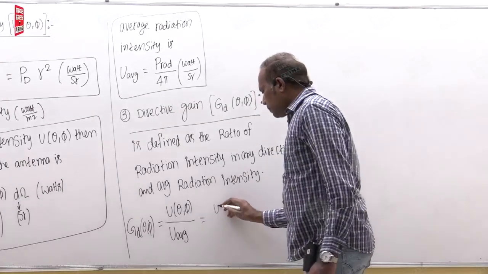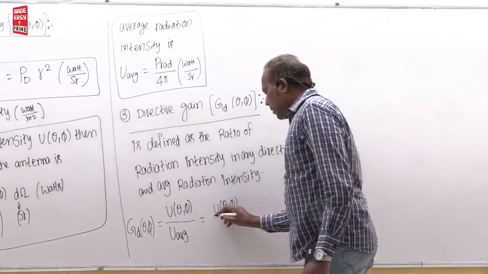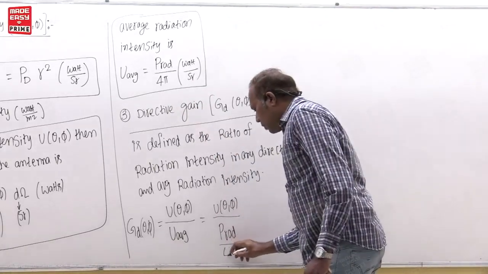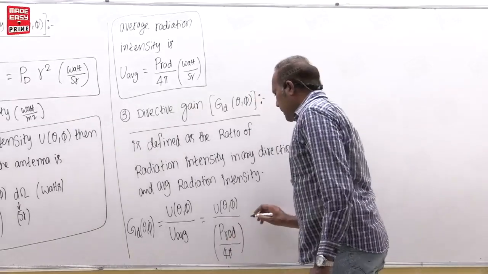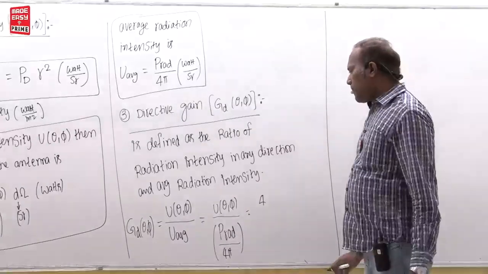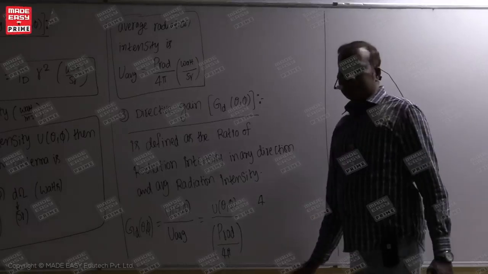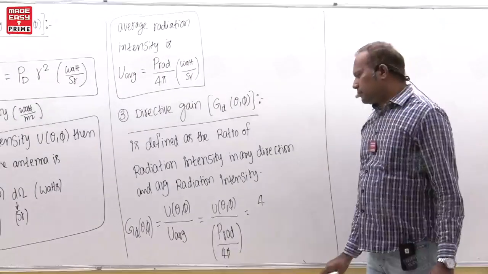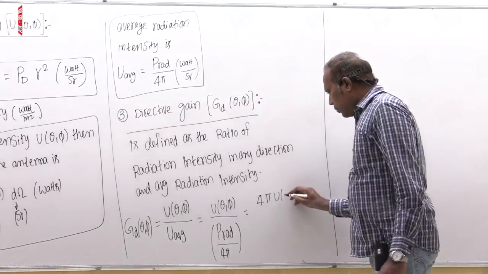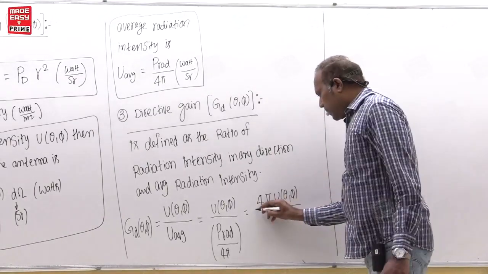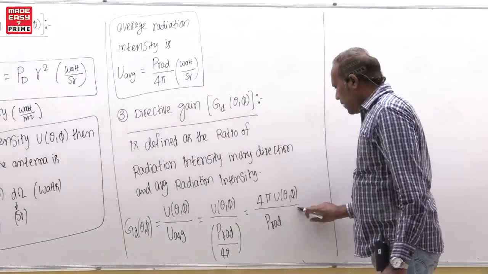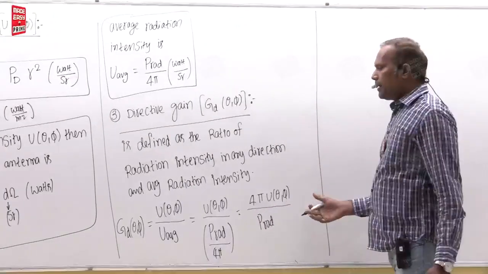Then U(theta, phi), already you have seen U avg is power radiated divided by 4 pi. So directive gain is 4 pi U(theta, phi) divided by power radiated. What is the unit? It is unitless because it is a gain.